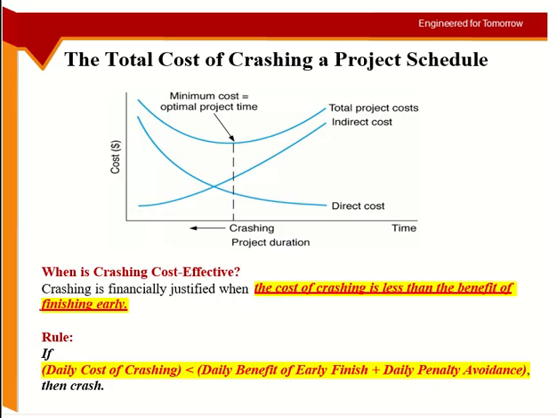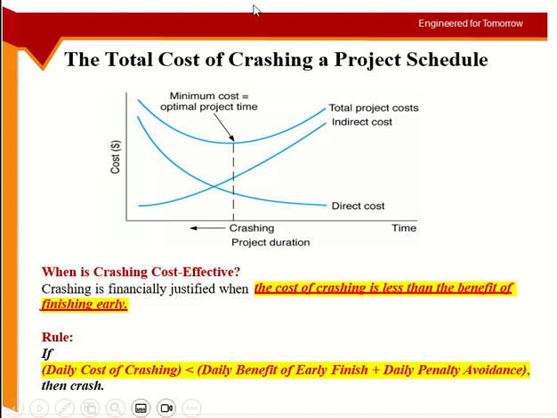Okay, so before the intersection point, you are spending some more in the direct cost, but you are saving more in the indirect cost. After the intersection point, it will reverse. Okay, you will give more in the direct cost and you are saving less in the indirect cost.